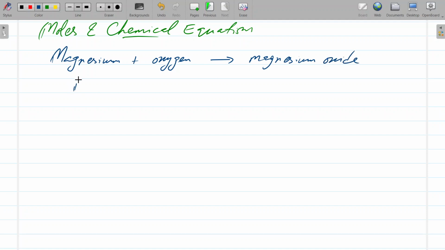And to write that out, we've got Mg plus O2 giving us magnesium oxide. This one is a solid, this one's a gas, and this is solid as well.